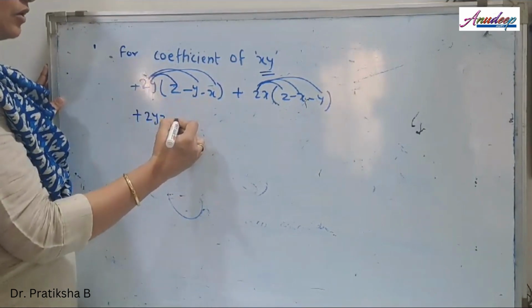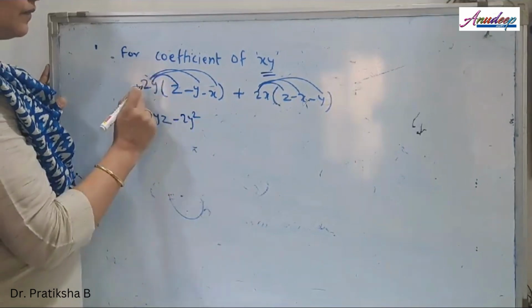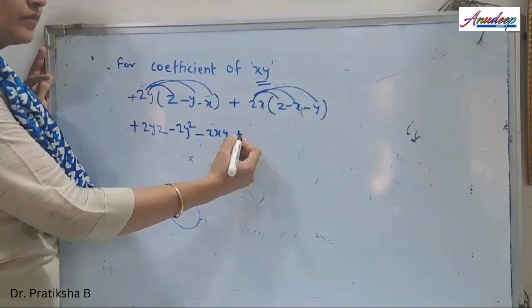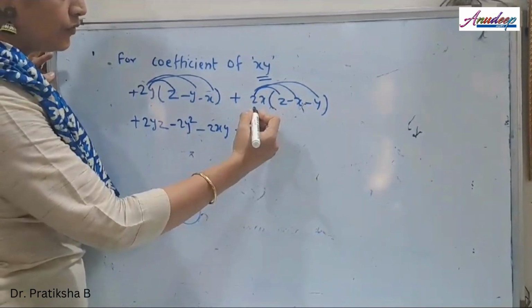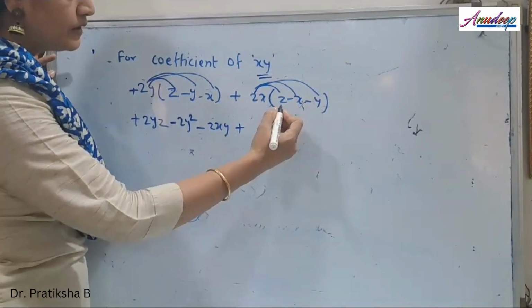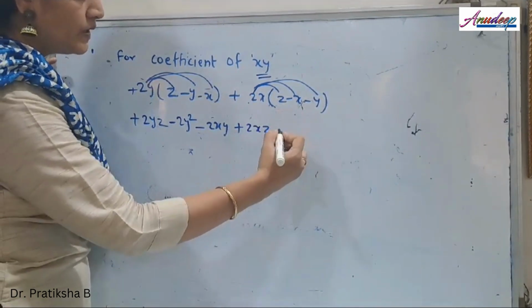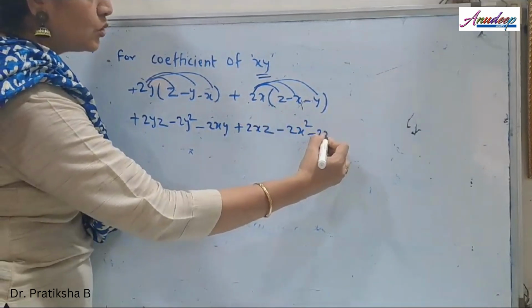Positive with negative gives me a negative sign, so it is minus 2y square. Again it is minus 2xy. For the second bracket, when you multiply the outside term with the inside terms, we get 2xz, and plus into minus giving you minus 2x square, and it is minus 2xy.